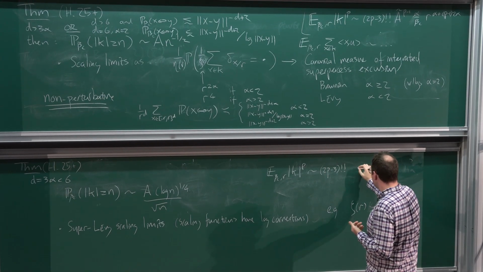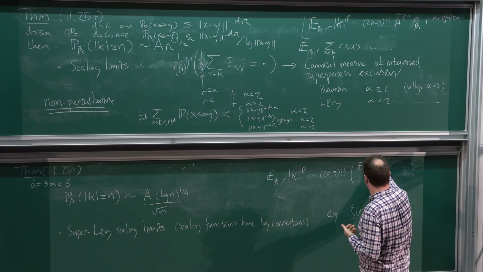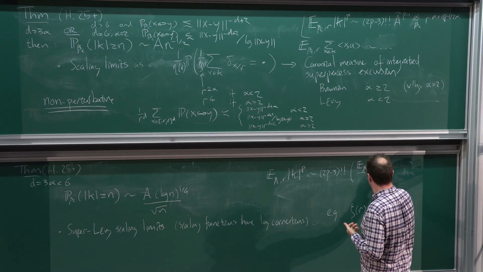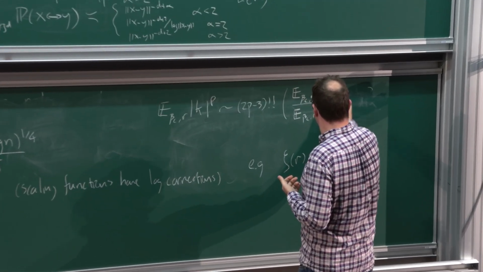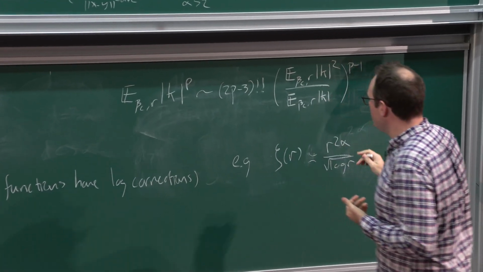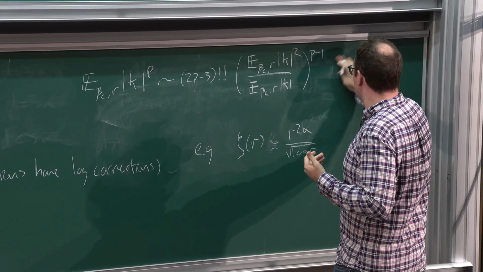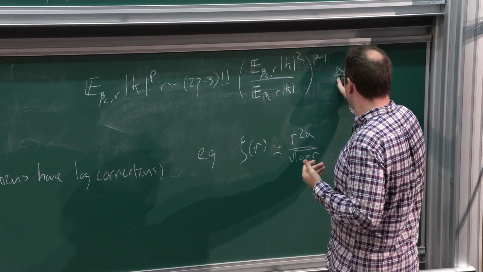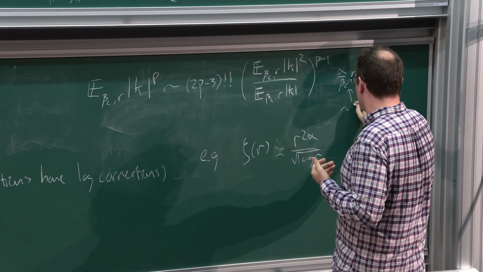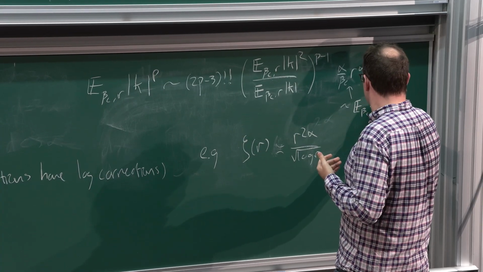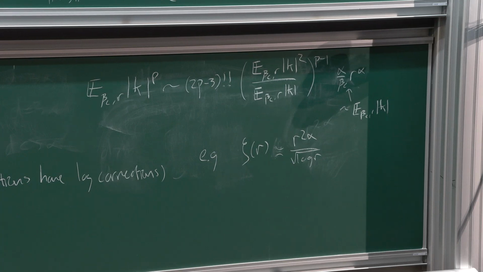You get this relationship where you can express all the higher moments just in terms of the first two, to first order. And then there's this alpha over beta c r to the alpha. This is actually just equal to the asymptotics of the first moment.